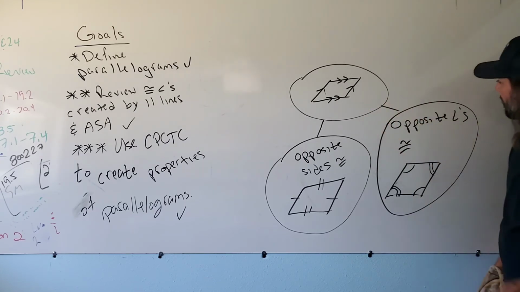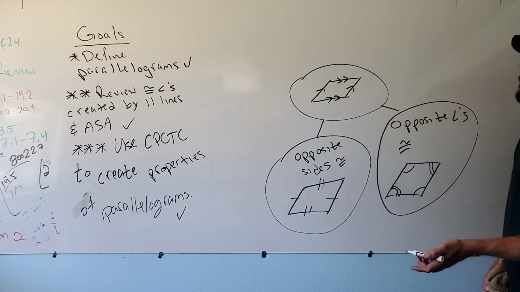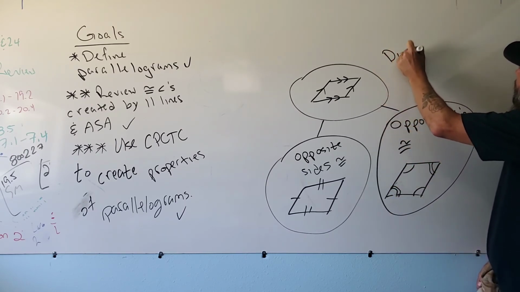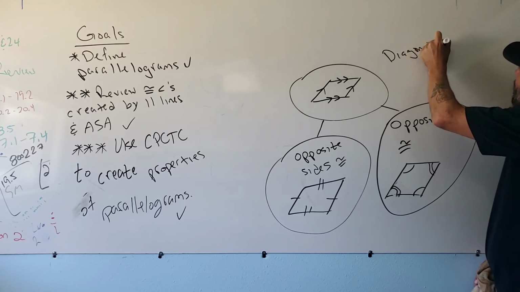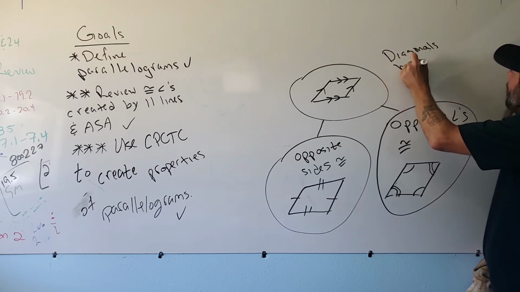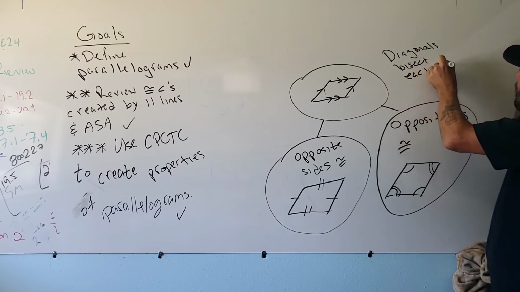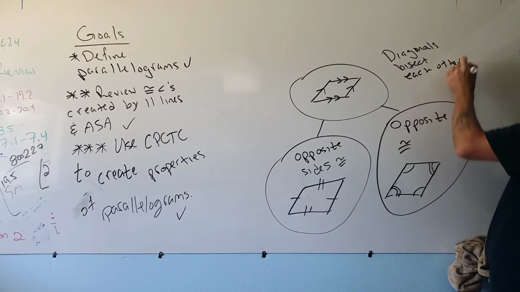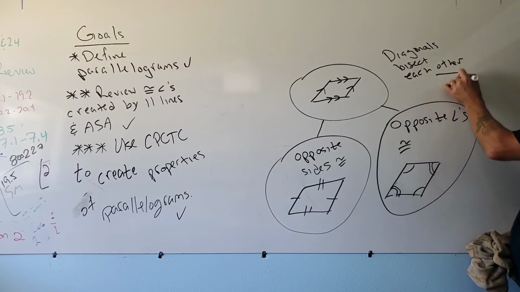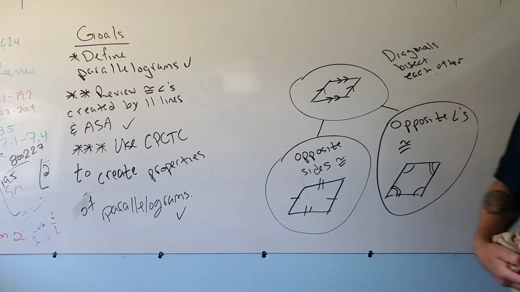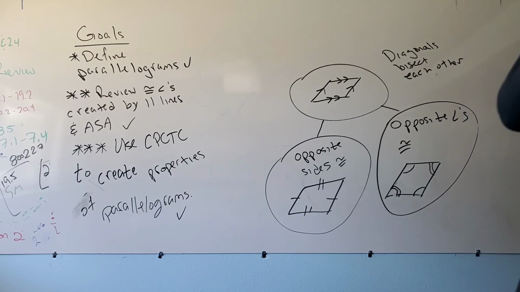Again, also I have a parallelogram. We saw that the diagonals bisect each other, right? And so let me see how much space I have before I draw this in here.